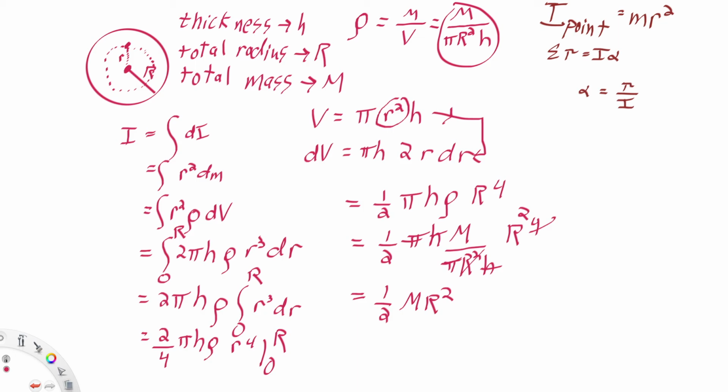It'll tell you about the moments of inertia for lots of different kinds of extended objects based on rotations of axes and different points. But in general, these integrals can get a little messy. And this integral was for a disk, which is a relatively simple object.